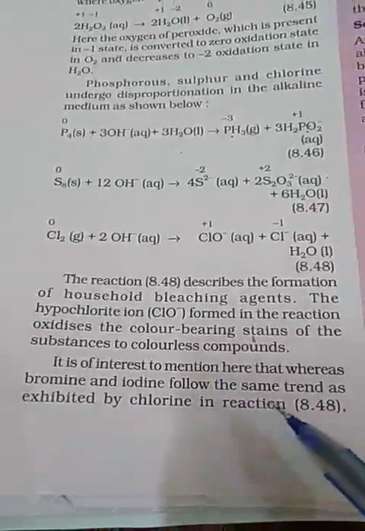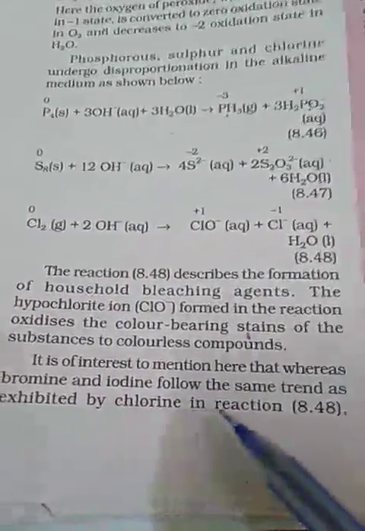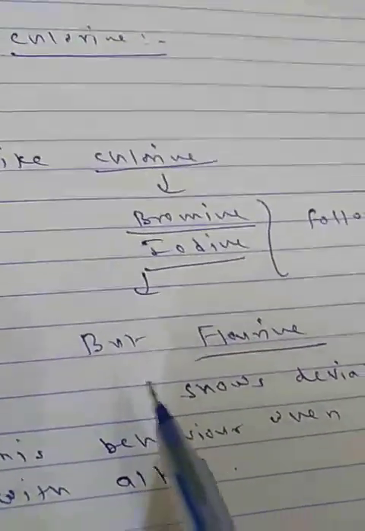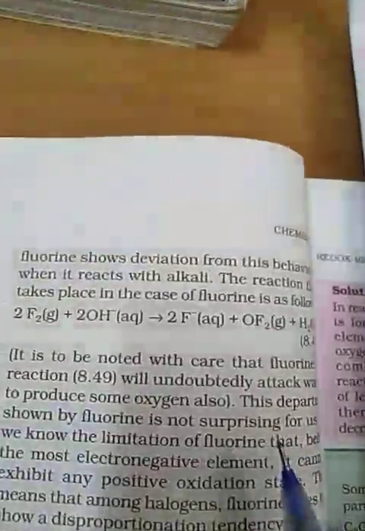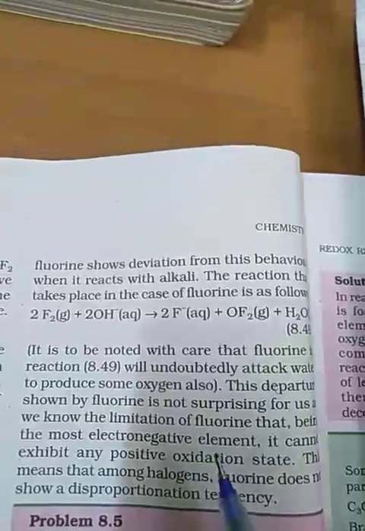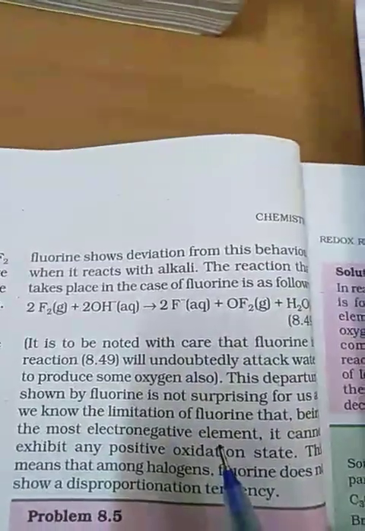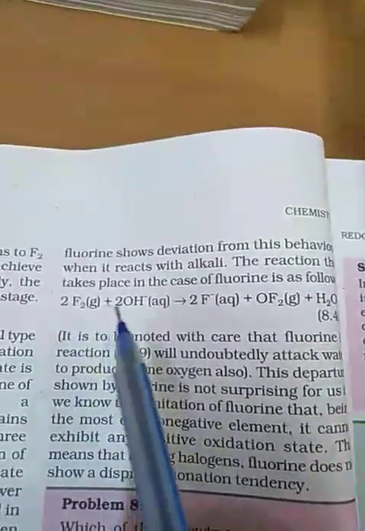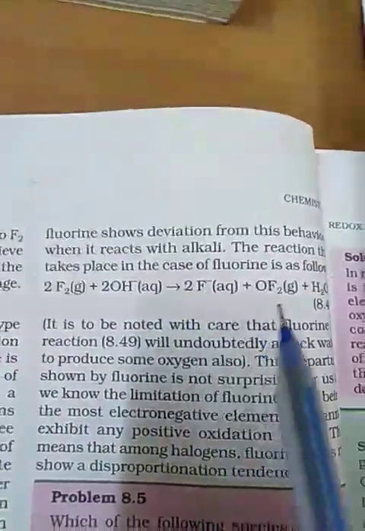It is of interest to mention here that chlorine, bromine and iodine follow the same trend, but fluorine shows deviation from the behavior when it reacts with alkali. The reaction that takes place in the case of fluorine is as follows: 2F2 + OH ion gives F ion + OF2 + H2O. This reaction is 8.49.